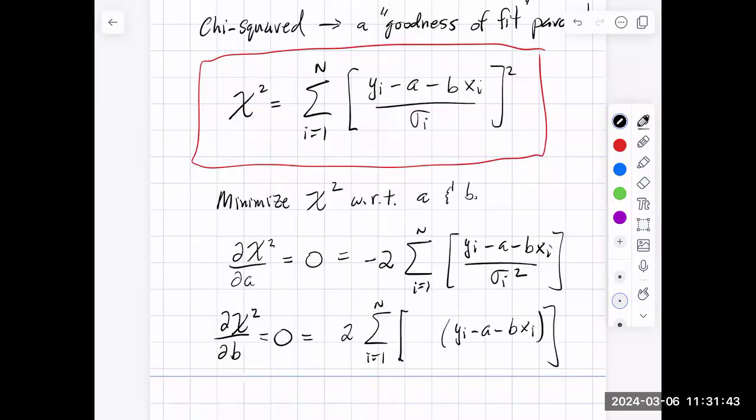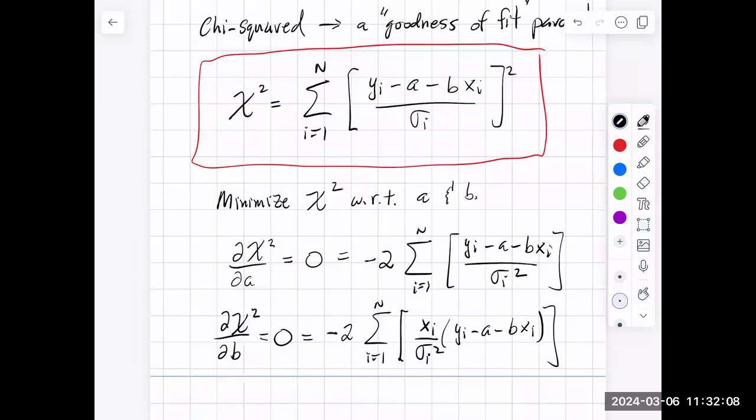When I do the derivative with b, I'll still pick up a minus sign, so I'll put the minus sign over here. Now, it's xi over sigma i. So we'll get an additional factor of xi, and then we have a sigma i squared. Okay, good.